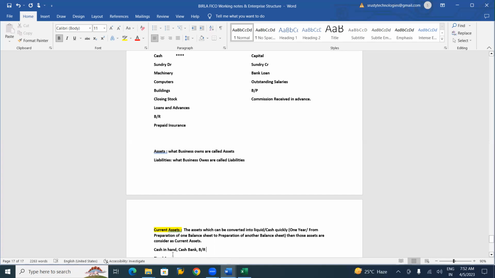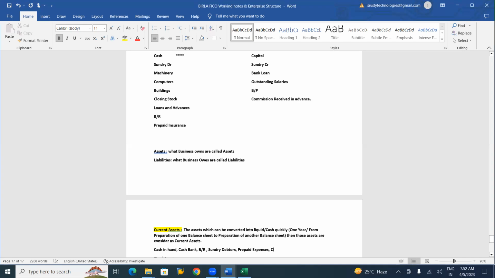So cash in hand, cash at bank, bills receivable, sundry debtors. Okay, next one. Prepaid expenses.